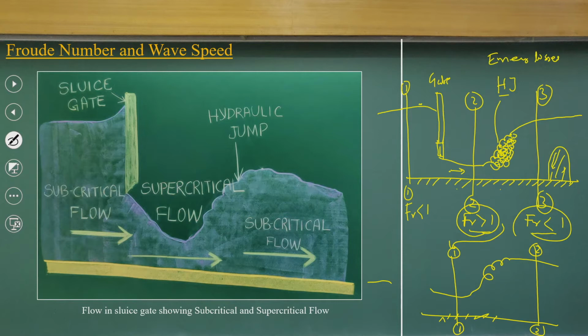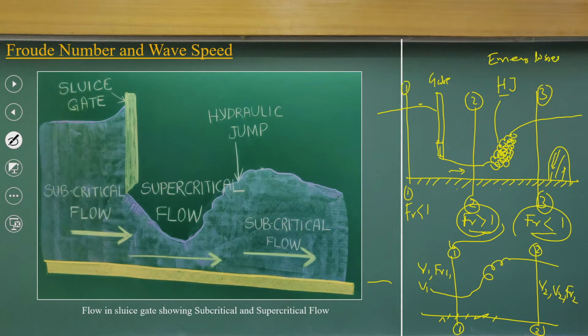At 1-1 I have a flow depth y1, an upstream flow Froude number, and a velocity. Similarly, I have y2, v2, and a flow Froude number at the second section. That is what you can look at.